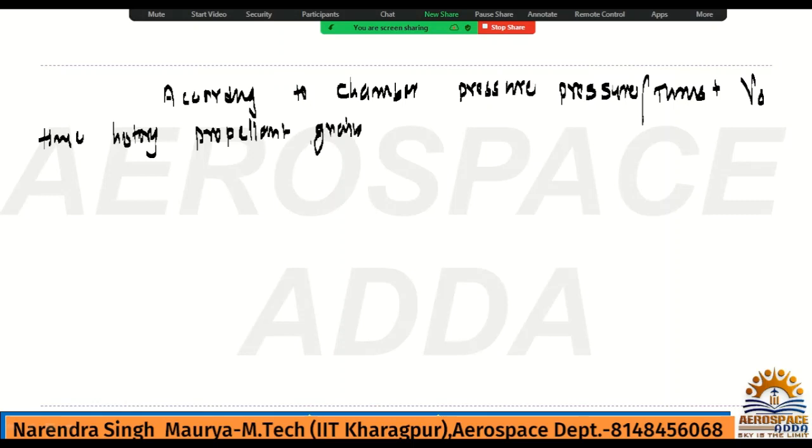Propellant grain can be classified into three types.